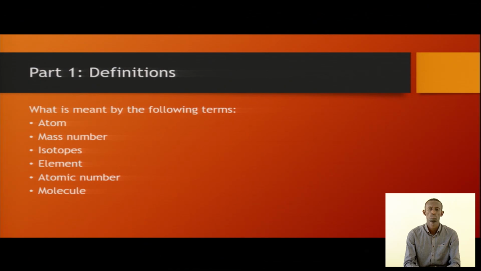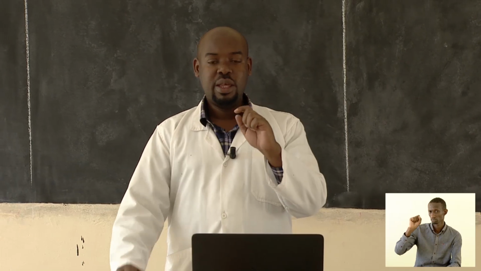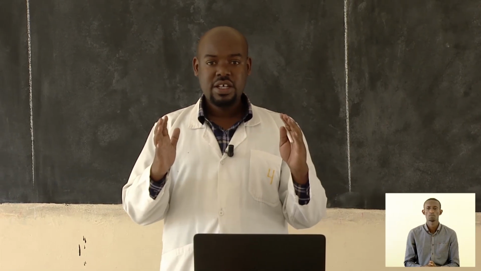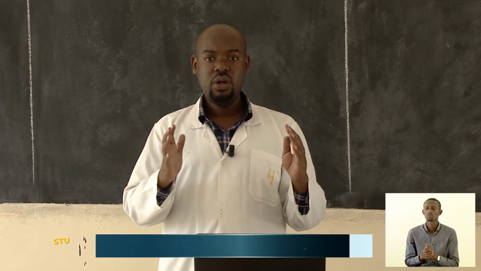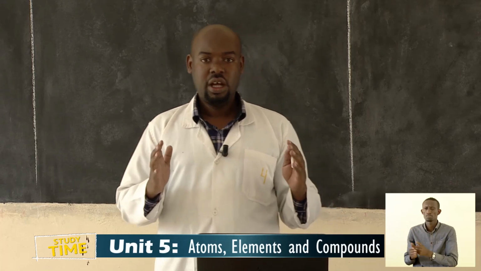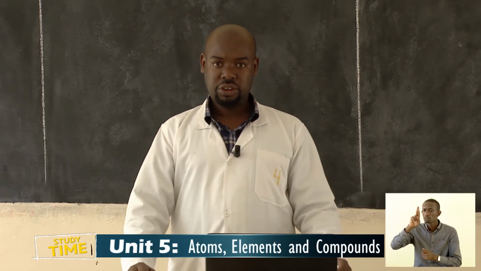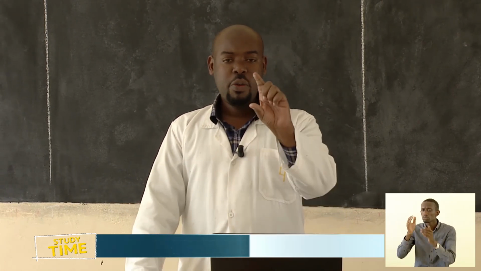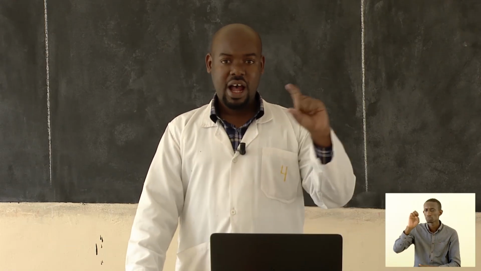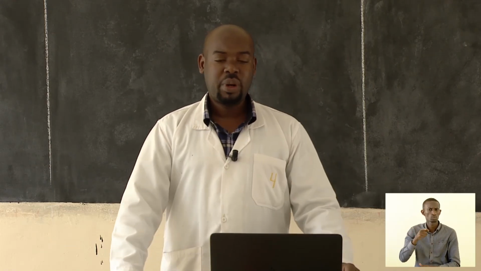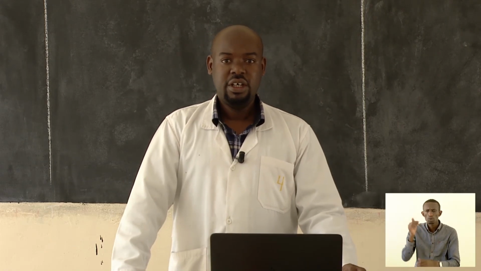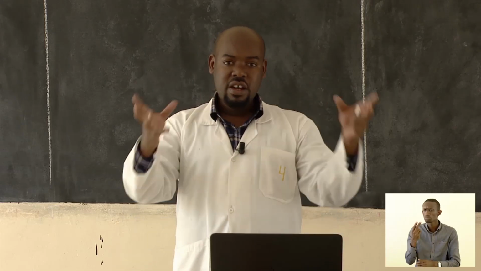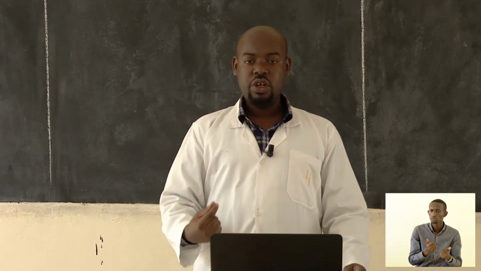Mass number, we defined the mass number as the sum of protons and neutrons. Do you remember where in the atom we find those two particles? Yes, we find them in the nucleus.